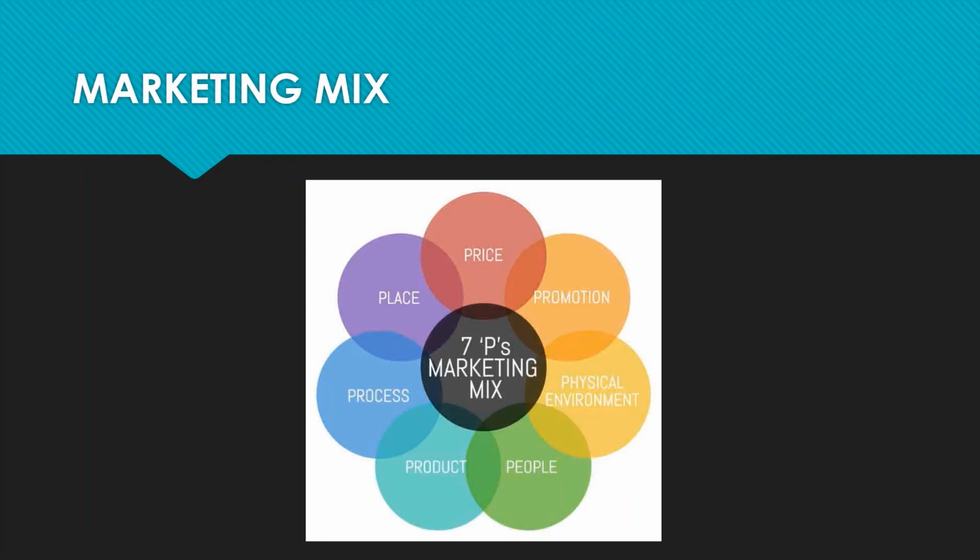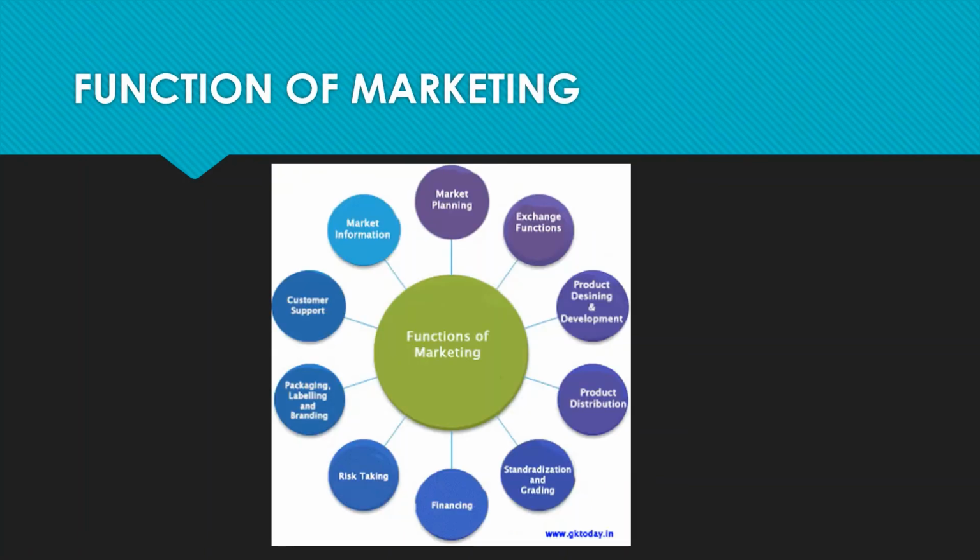What is the function of marketing? If you do marketing, there are a lot of functions. First of all, you have to plan, market planning. Next is the exchange function, how to design the product and development, how you are going to distribute the product, standardization and grading, you have to grade your product, financing, how you are going to fix the price, you have to invest.